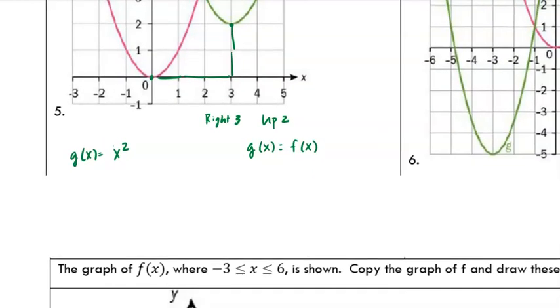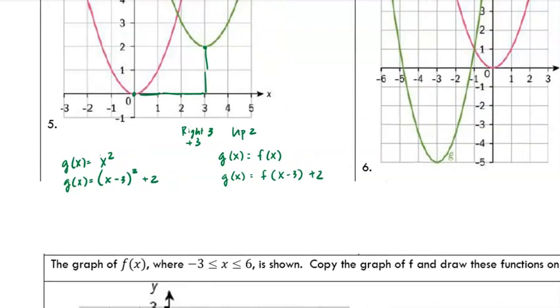Okay? So g of x with that translation is going to be x minus 3 to the second, because the plus 3 goes back in. f of x minus 3, and then up 2. There we go, up 2.